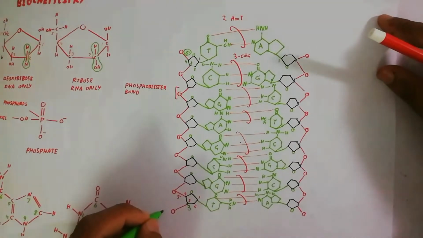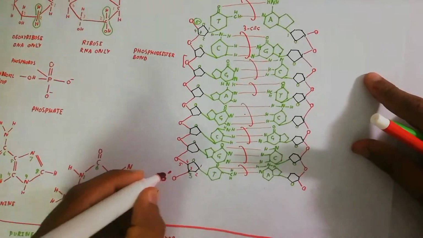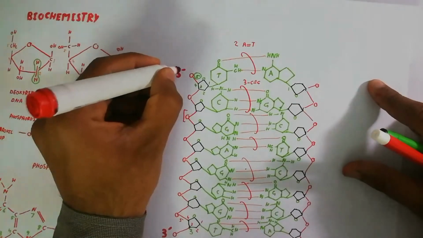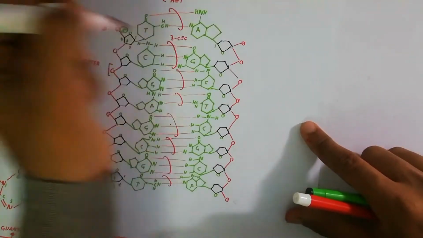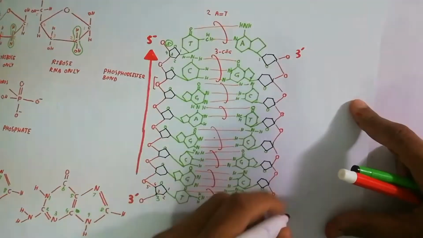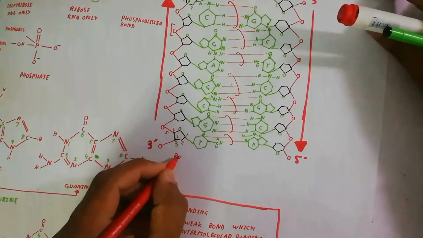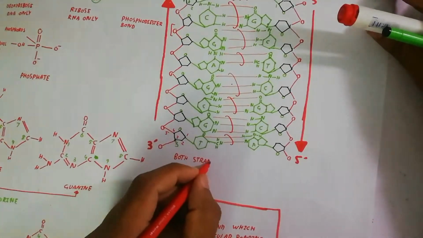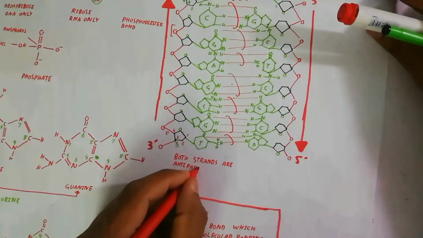Here is the structure of the backbone with the phosphodiester bond, in which carbon number 3 attaches to carbon number 5. That means the carbon 3 to 5 is toward the 5 carbon, and here is the 3 prime to 5 prime direction. Both strands are anti-parallel to each other.